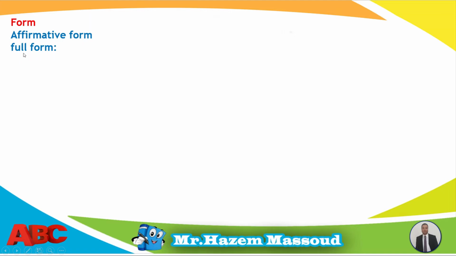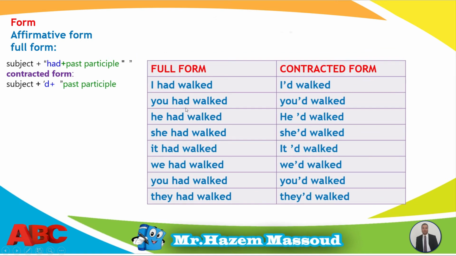At first, the full form: subject plus had plus the past participle. And the contracted form, I change the word had with apostrophe D, so it will be subject plus apostrophe D plus the past participle. Here, these are the full form and these are the contracted form.